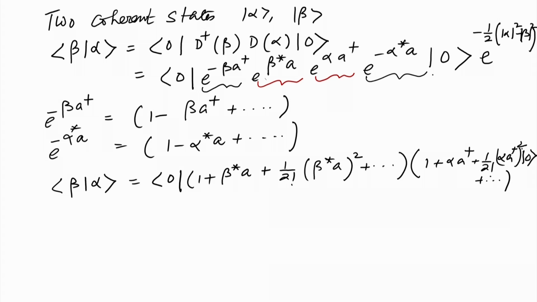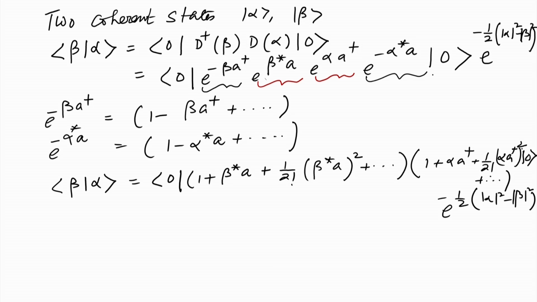And of course, we also have the exponential factor, exponential minus half alpha square minus beta square.